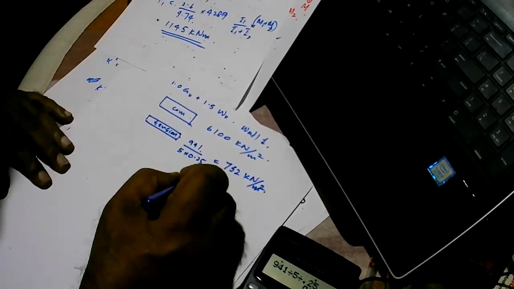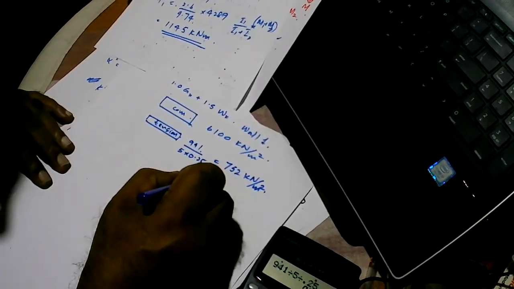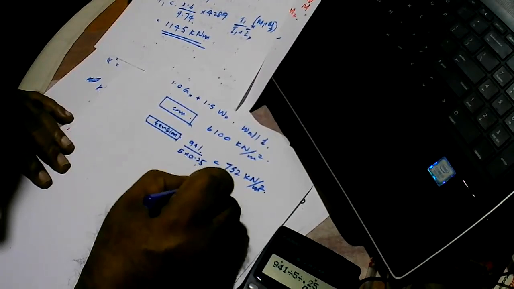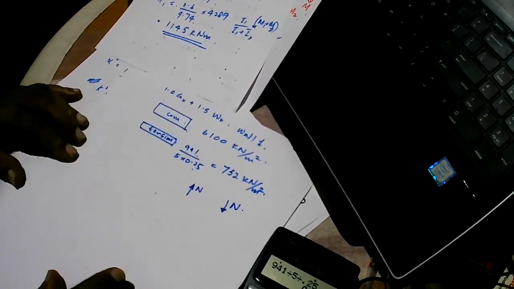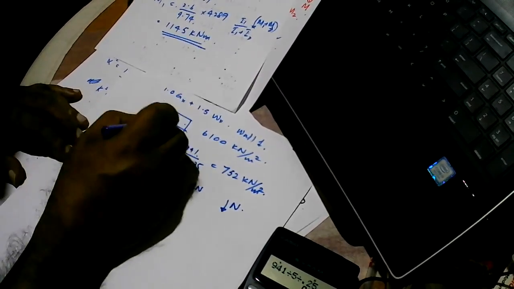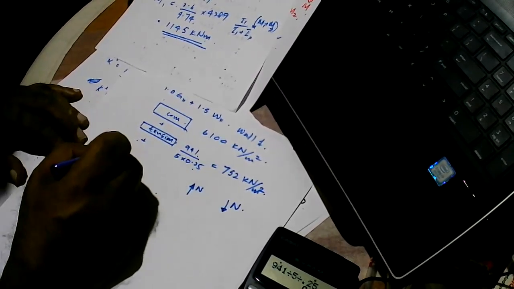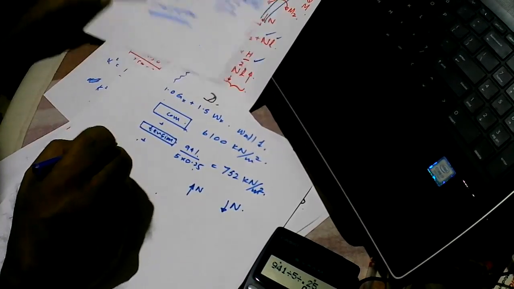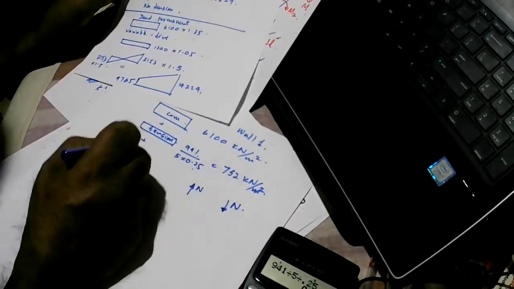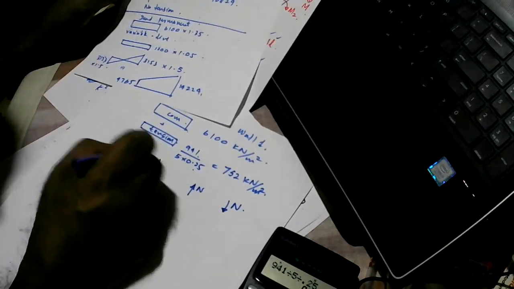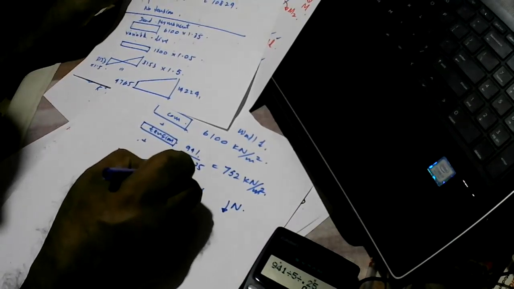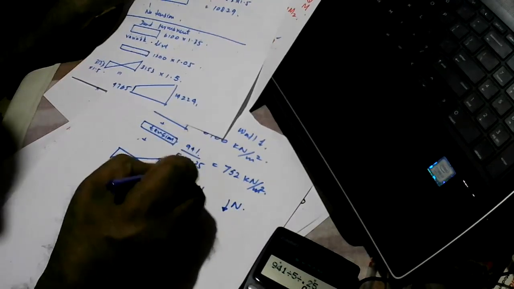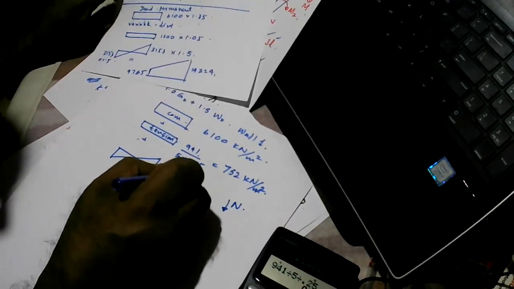The reason is on this side N is this way, this side N is this way. So this tension plus we get the bending moment effect, and that is again from the earlier case. Here you get 3153 multiplied by 1.5.